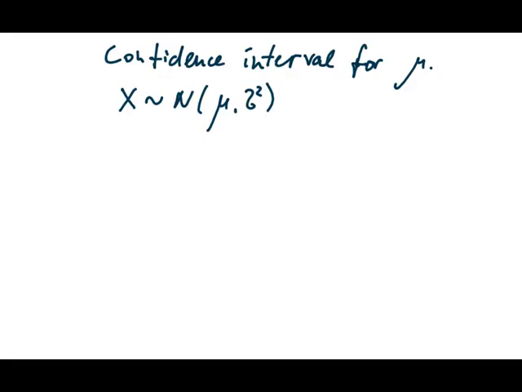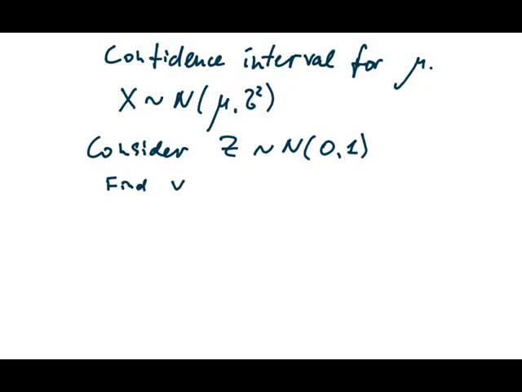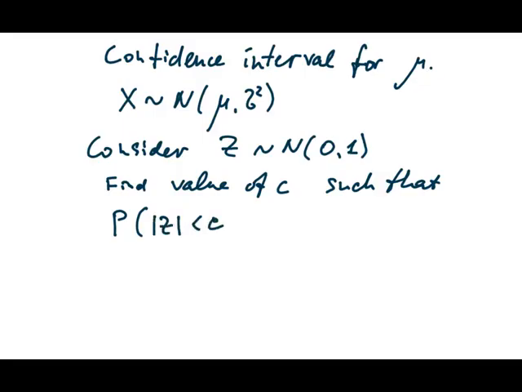Let's consider random variable z which has standard normal distribution. And let's find the value of c such that the probability that the absolute value of z is less than c equals 0.95.